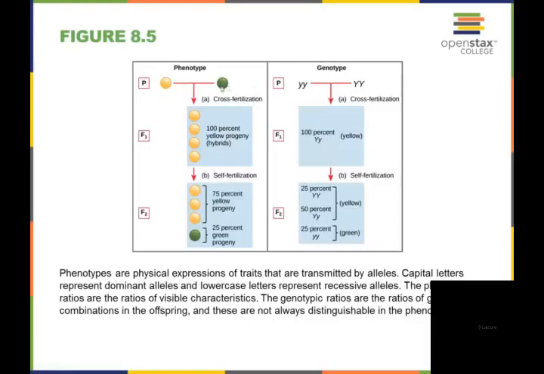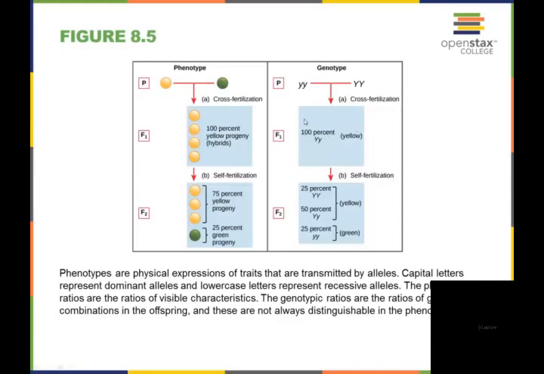When you do the cross, what you're going to see is all of them are going to be yellow. And actually on here, the yellow is the dominant trait, and they're just backwards on this slide. That's why you have yellow. So 100% are yellow.